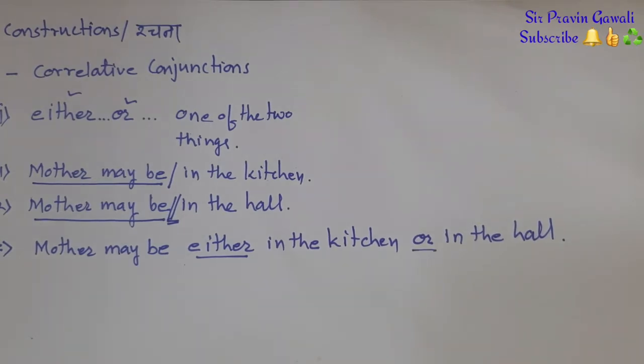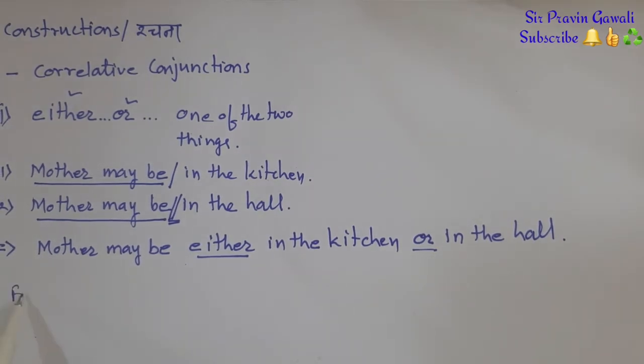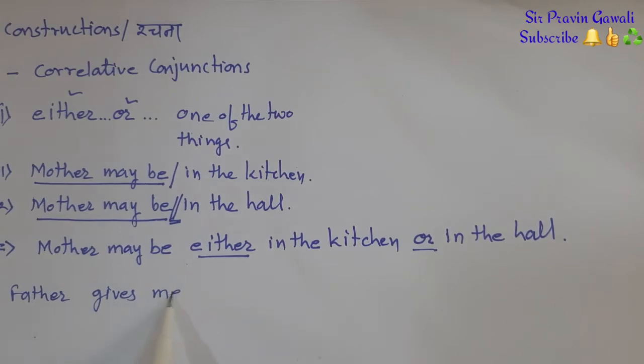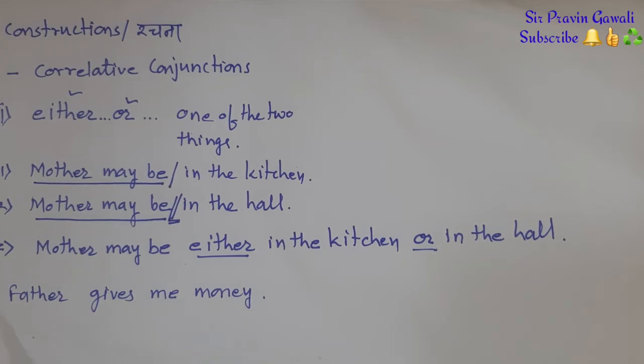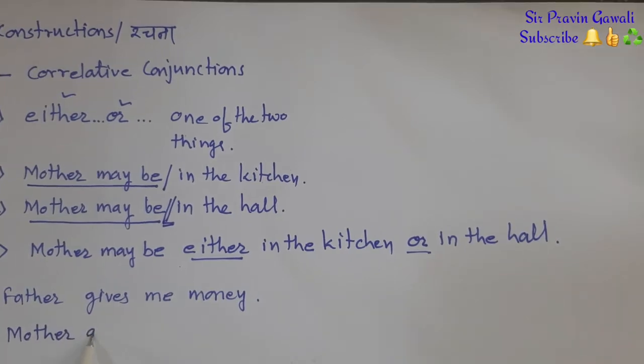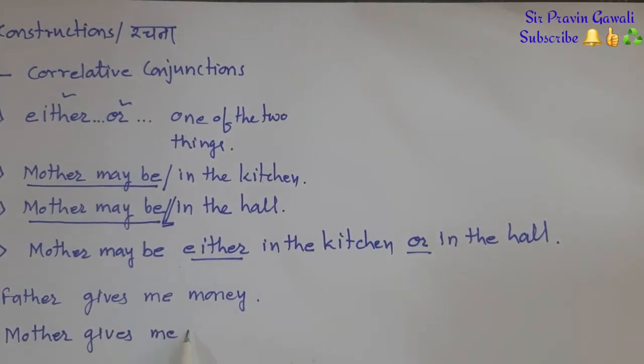Okay, students, have you understood now? Again, one more example. See, students. Father gives me money. This is the first. Second, mother gives me money.